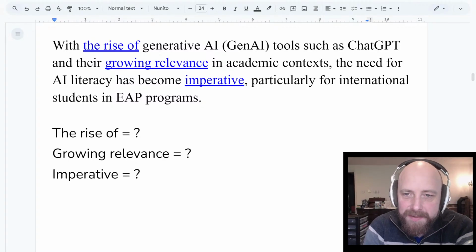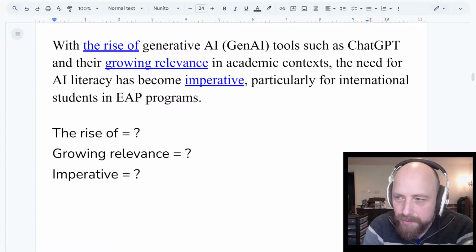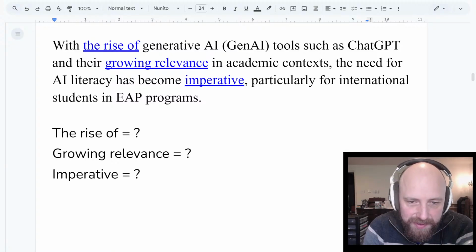With the rise of generative AI, tools such as ChatGPT and their growing relevance in academic contexts, the need for AI literacy has become imperative, particularly for international students in EAP programs. So we've got some interesting terms here.